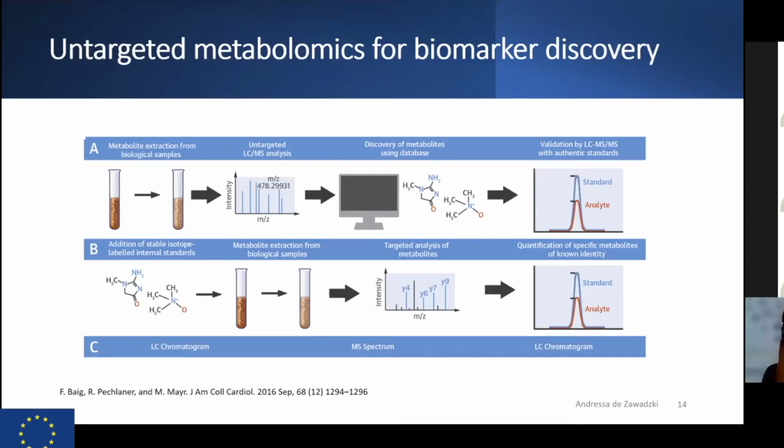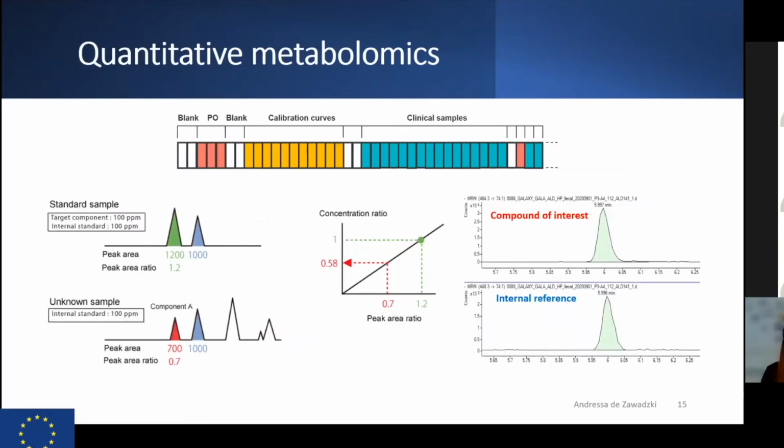In mass spectrometry, the most efficient way of doing this is to spike your samples with heavy label isotopes at known concentrations in order to obtain a ratio between the response of your compound of interest in relation to the response of your internal reference.